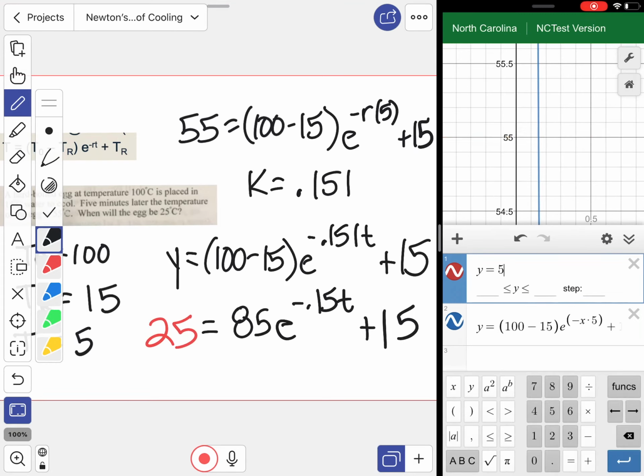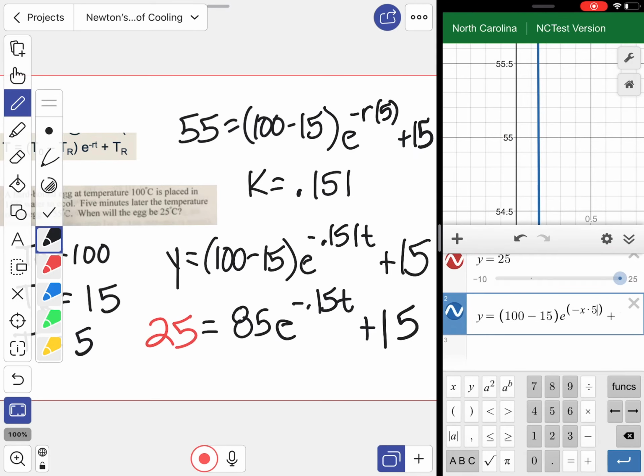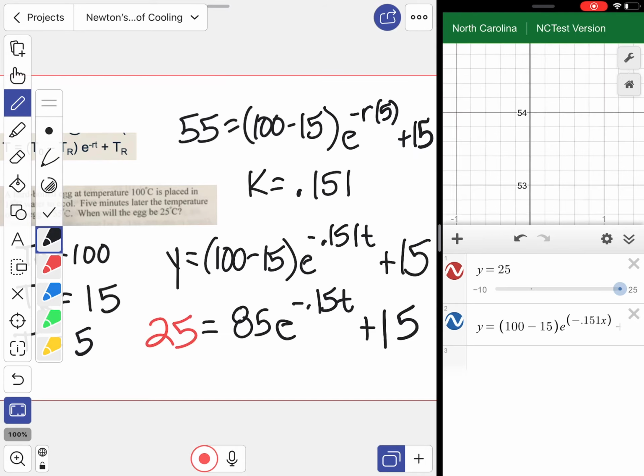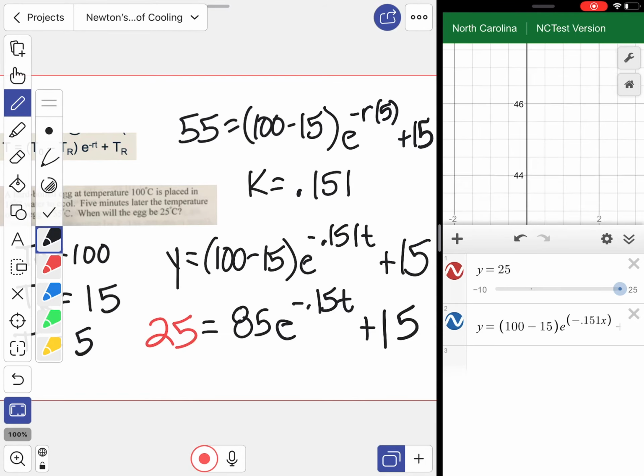So I'm going to go back and adjust this, so 25 here. And up top, we're going to adjust this so that I have negative 0.151 raised to x. All right, and we're going to adjust this a little bit because we need to go down to 25.